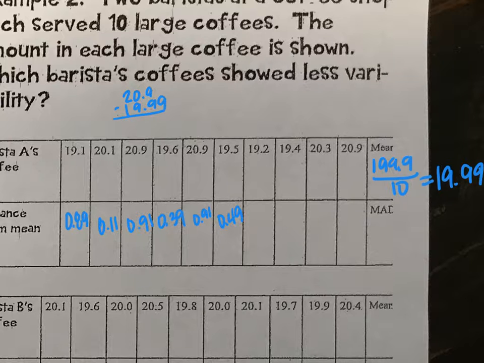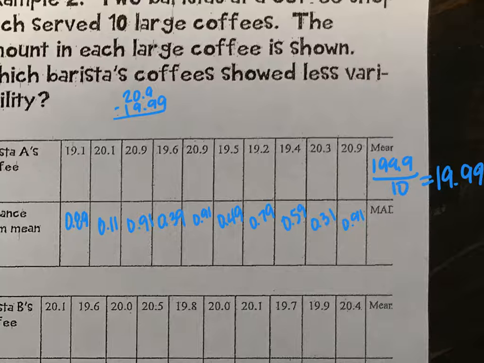Okay, 19.2, 0.79. 19.99 minus 19.4 is 0.59. 20.3 minus 19.99, 0.31, and then 20.9 has come up again, and we've already done it.